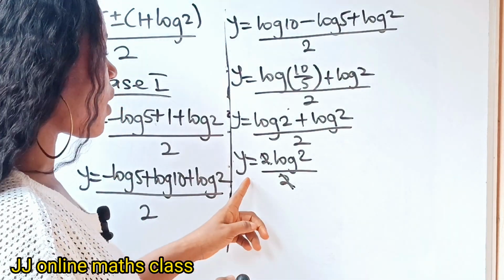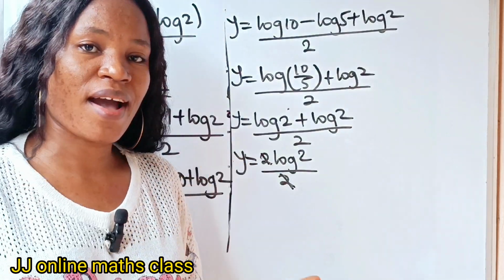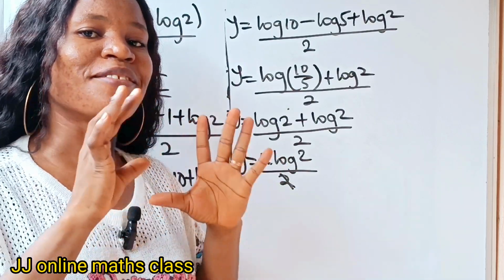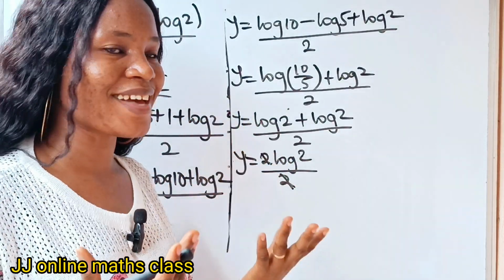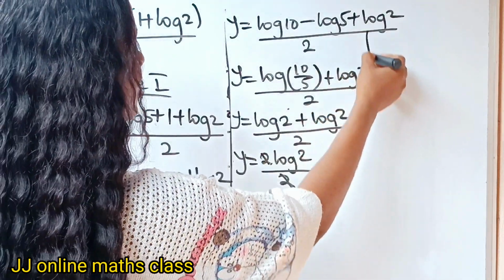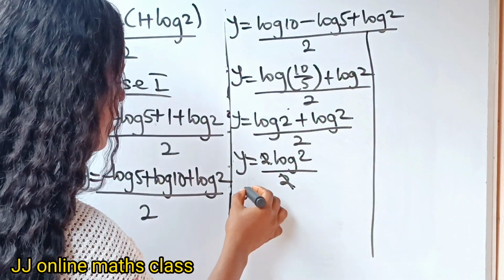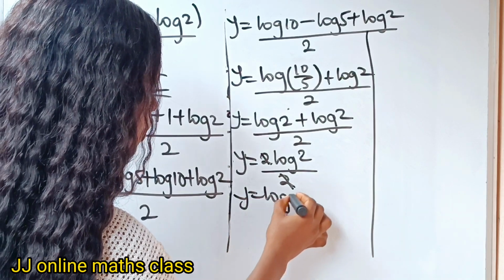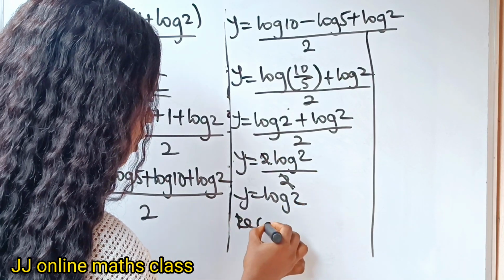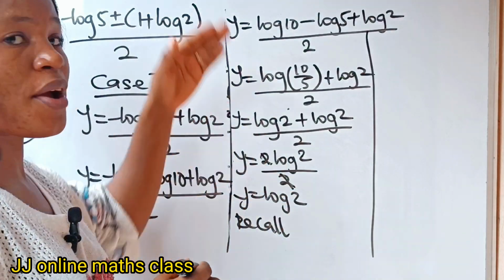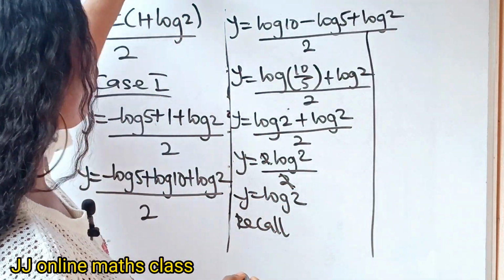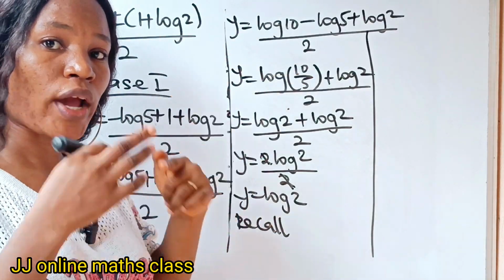Now you are going to see how we use this y to get the value of our x. We have not even gotten the value of our x yet. This is so amazing. That means our y is equal to log 2. But recall what I wrote outside: log m is equal to y.